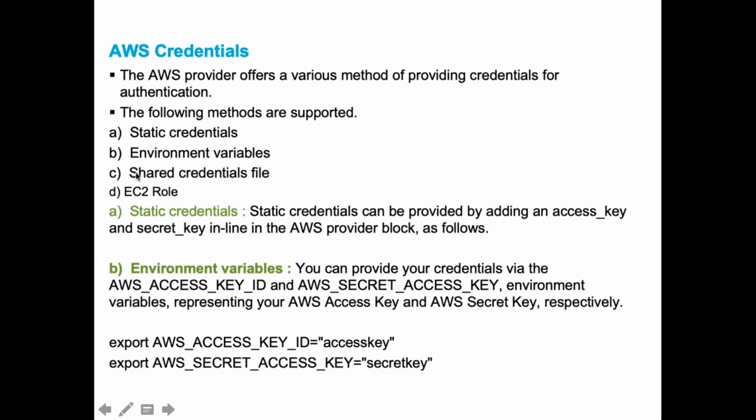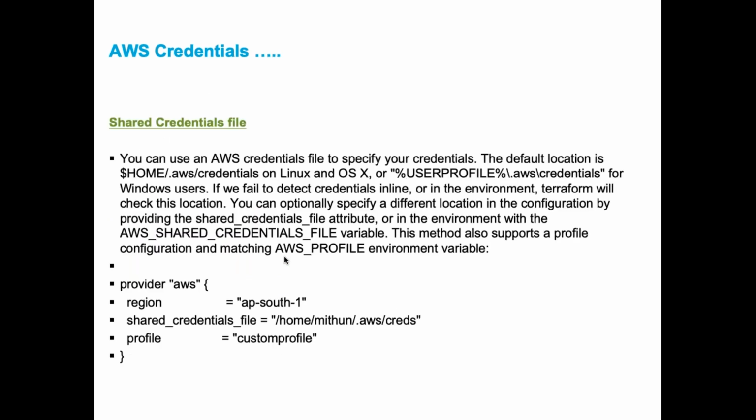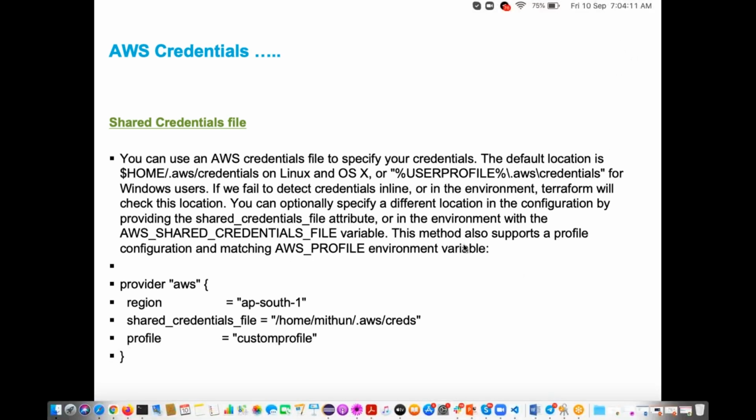We have another way also. Create a file called .aws credentials. There also you can configure it. Clear? See, like this you can create a file and you can specify that file.